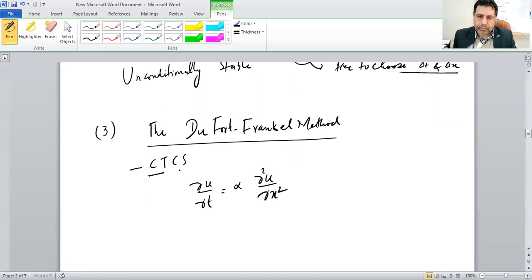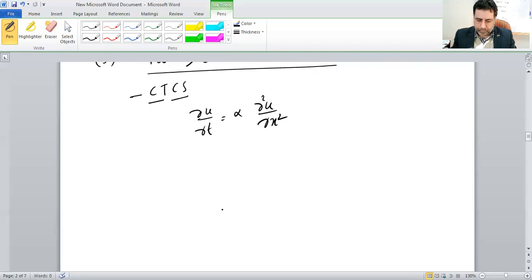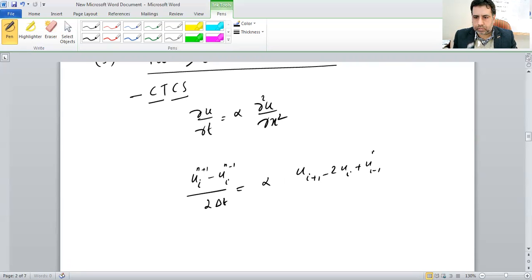So central in time, central in space. The start is the same as in the Richardson case, but there is some modification made by Dufour and Frankel. So central in time means this expression, central in space divided by delta x square. So this is actually the Richardson scheme, which is a case of failure. We have seen this is the Richardson scheme, which is a case of failure.